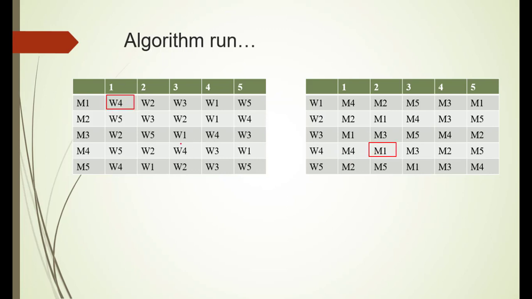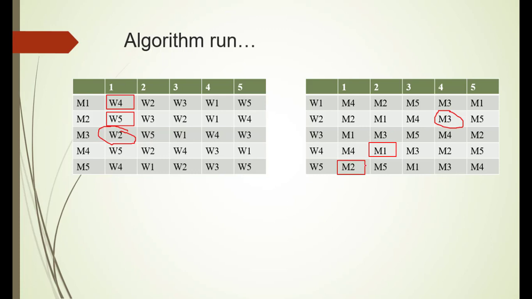M2 proposes to woman 5. W5 doesn't have any offer yet, so she accepts the offer from M2. Next, M3 proposes to W2. Since W2 doesn't have any offer yet, she accepts M3's offer.